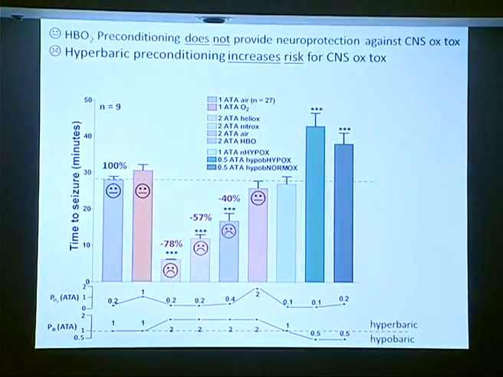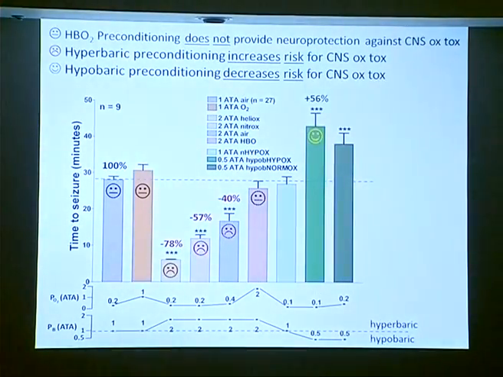We then said, let's try hypobaric hypoxia, and you can see here it went in the other direction. And so it had delayed the onset of seizures. So then we said, well, is it the lower pressure opposite to this, or is it the hypoxia that's doing it? Well, when we did the hypoxia at 1 atmosphere, same level of hypoxia, there was no difference.